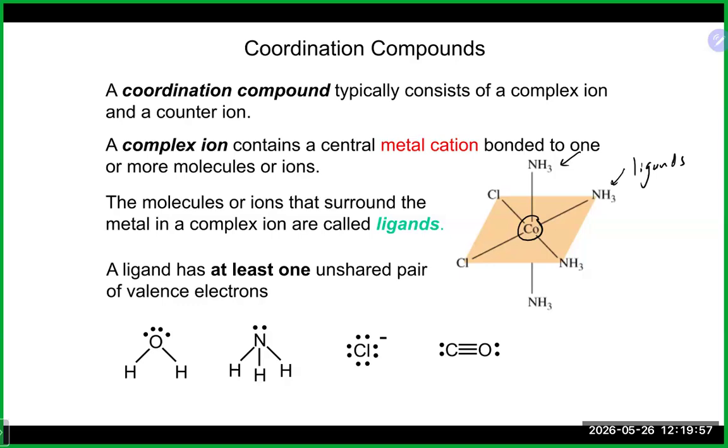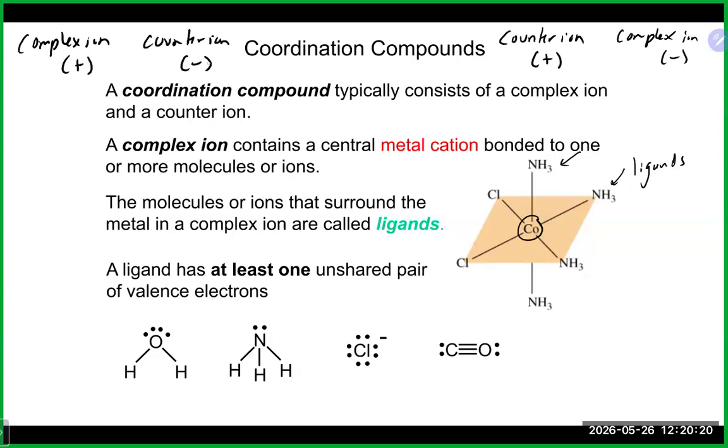As we will see, your counter ion could be positive, and you could have a negative complex ion. Or your other option is you could have a complex ion that is positive and a counter ion that is negative.